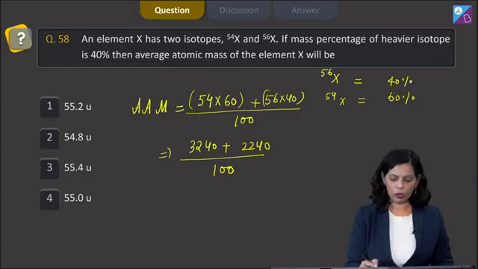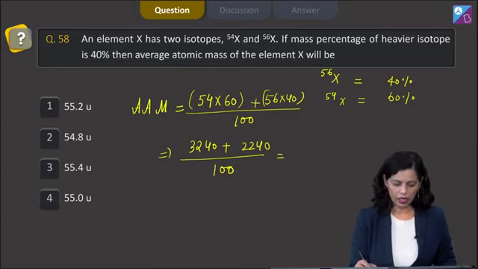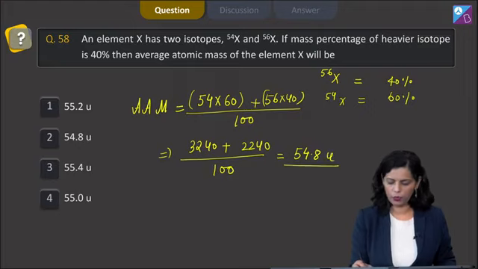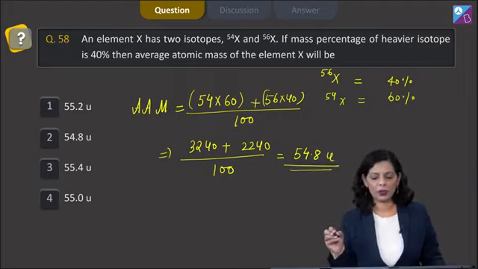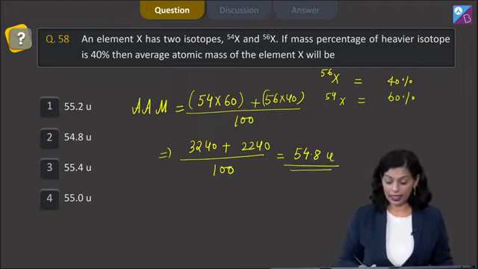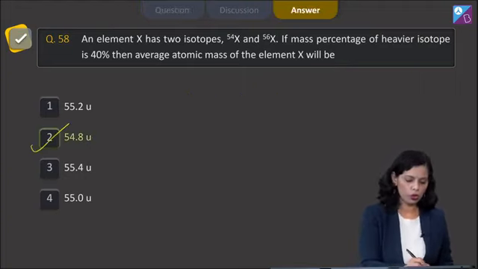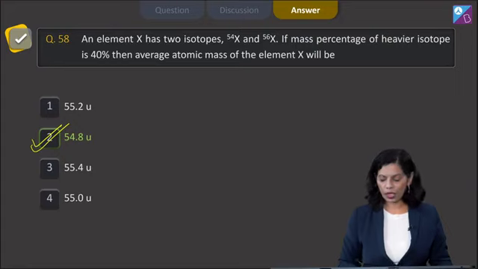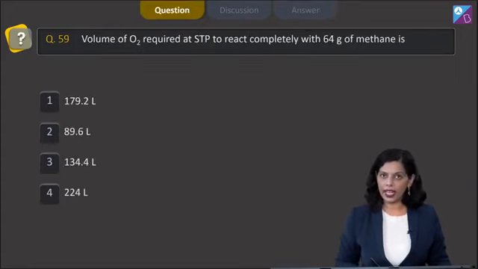Done. When you solve this, you will find that the answer comes out to be 54.8 u. Done. Where is this answer correctly given? Yes, it is given here in option number 2. So choose it as your correct answer.